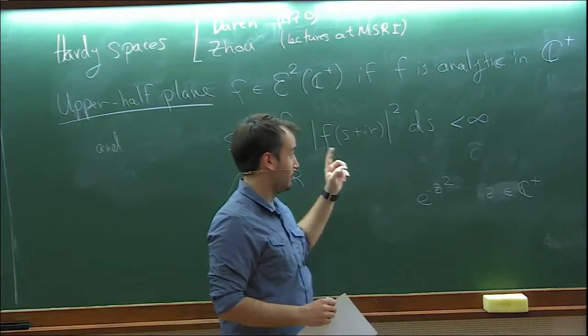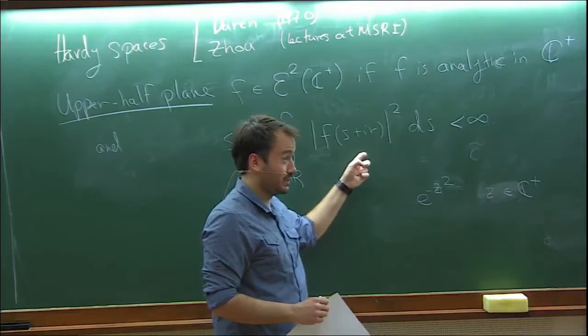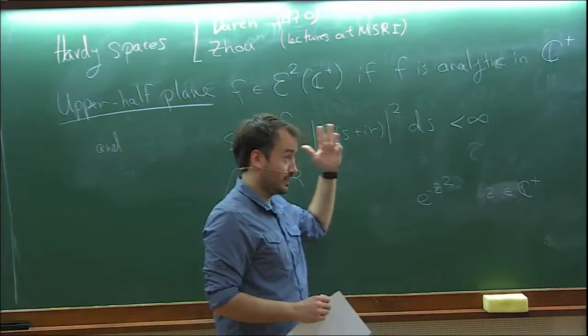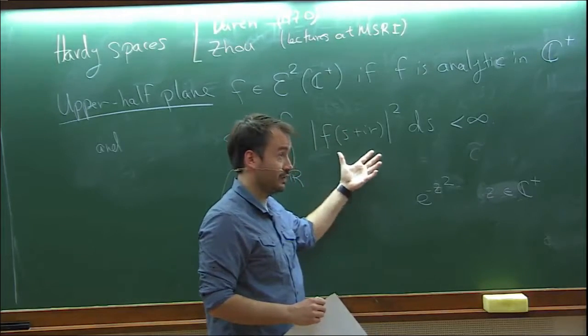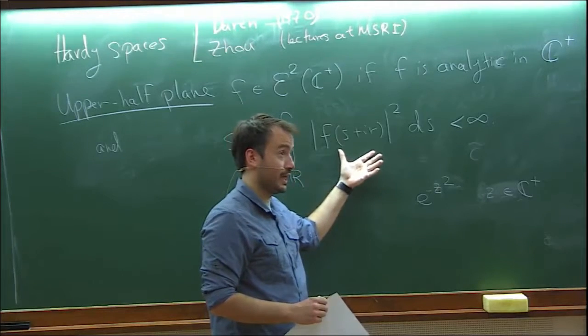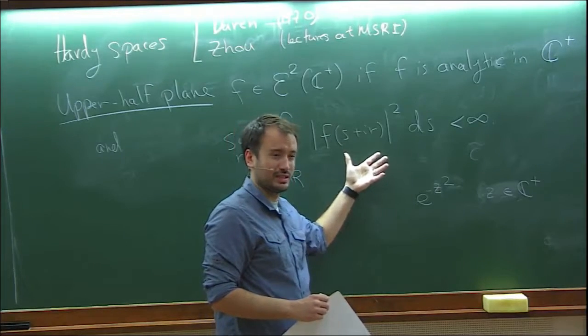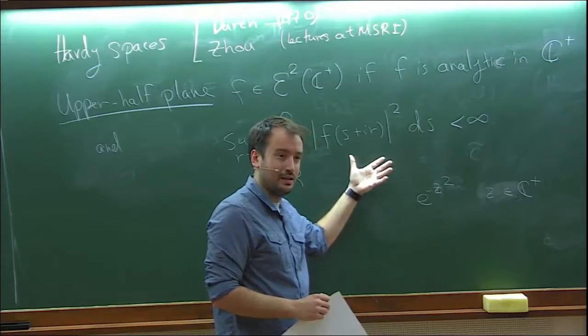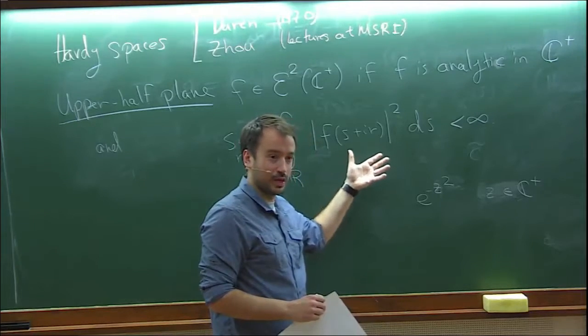And basically, the way to think about these functions, at least heuristically, is they're analytic functions in the upper half plane that decay like 1 over z at infinity. They're not exactly that, but that's a good picture to have in your mind.